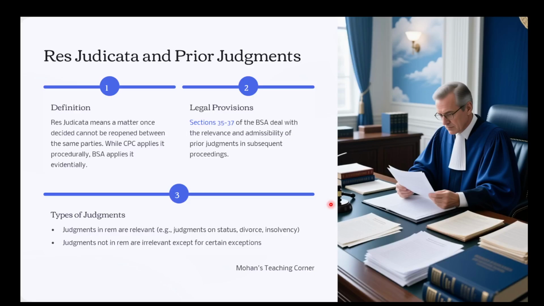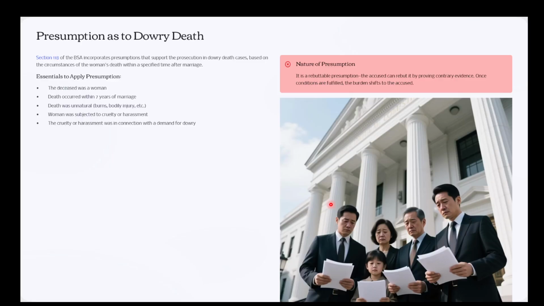Example: judgments on status, divorce, insolvency. Judgments not in rem are irrelevant except for certain exceptions.